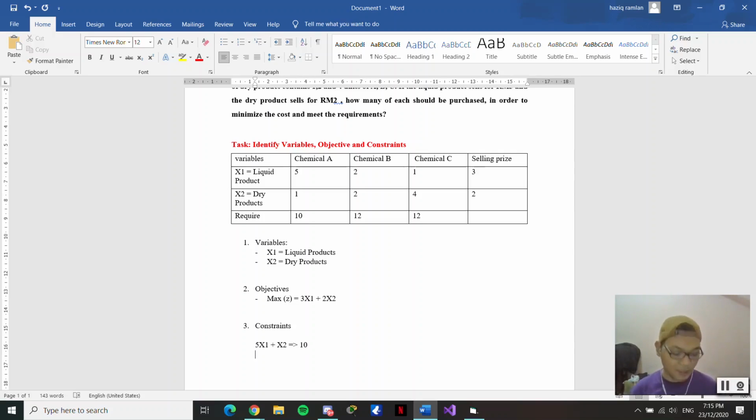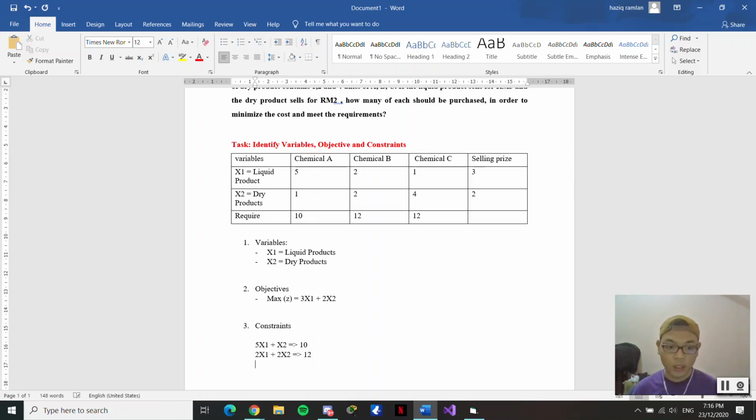Same goes for chemical B: 2x1 under the liquid products, and then we add dry products, which is 2x2, equal to 12.